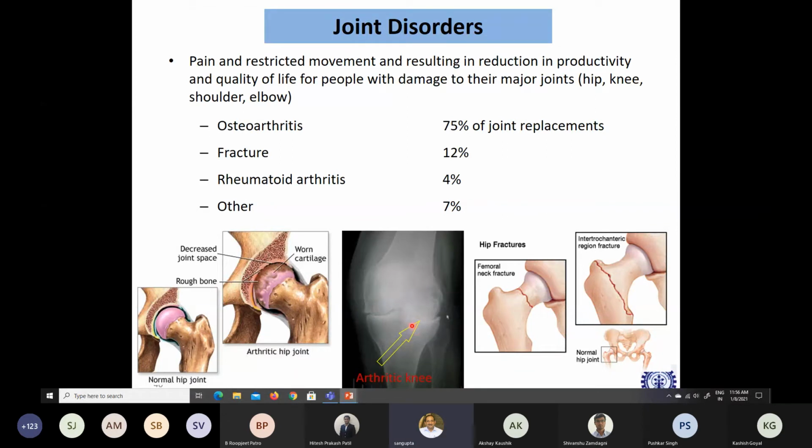Arthritic knee, as you can see very clearly in the X-ray, the difference in the joint space between the left condyle and the right condyle. Okay, so this is the fibula. So this is the lateral part, this is the medial part. The lateral side of the knee joint is affected by osteoarthritis.